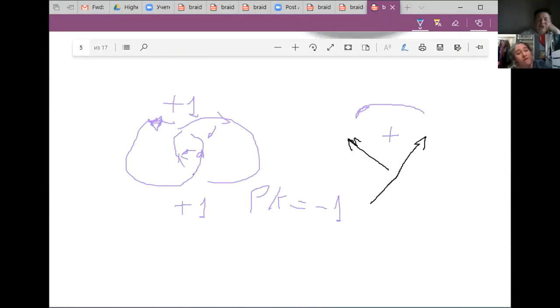So changing orientation changes the sign, but it doesn't change the idea. So we have that the linking number of the Hopf link here is equal to plus or -1.